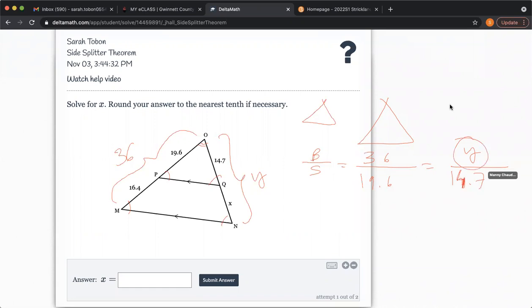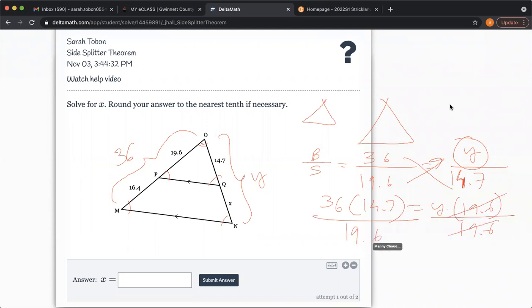So you'd cross multiply: 36 times 14.7 must be Y times 19.6. If we divide by 19.6, that will cancel out. We know exactly what Y is.